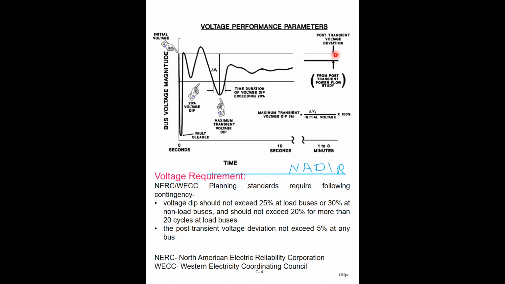And following the event, the voltage deviation should not be more than 5%. So at steady state, which is the post-transient situation, in some minutes or after that, the voltage deviation should not be beyond this value at any of the buses.